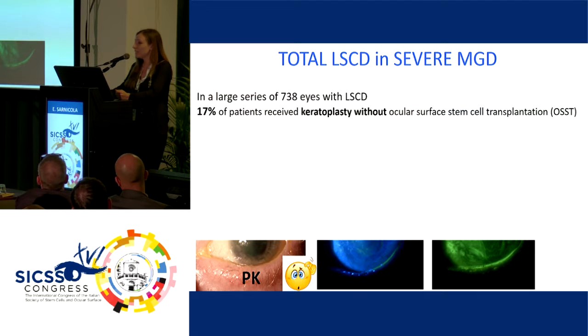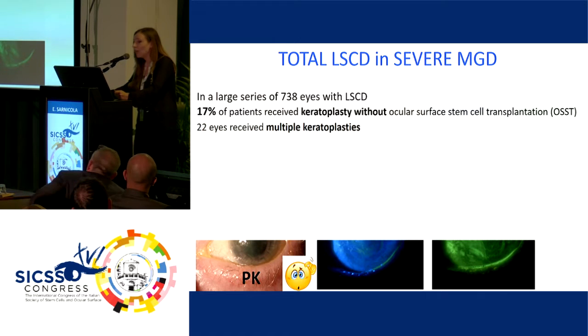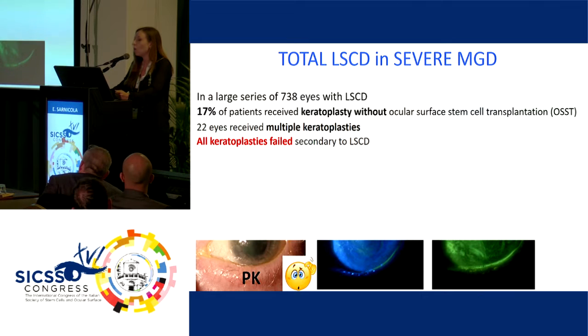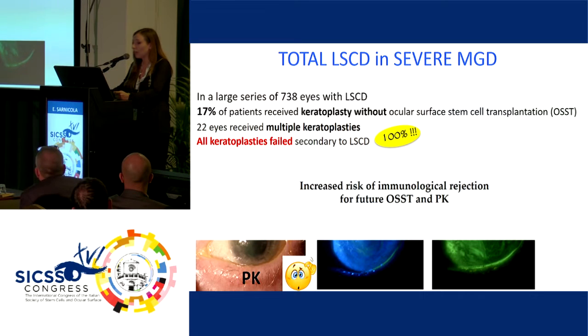And Lorena has already shown us that 70% of patients receive keratoplasty without a previous transplantation of stem cells. 22 eyes had received multiple keratoplasties. All of them failed for total limbal deficit. And this is very important.